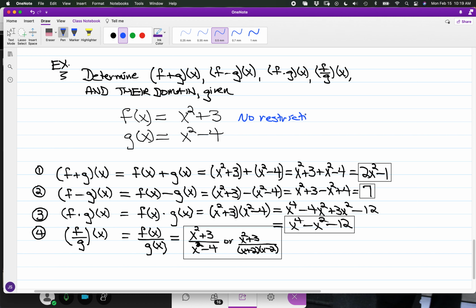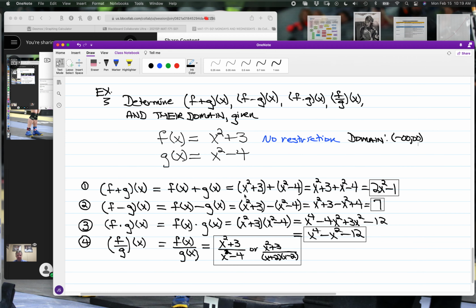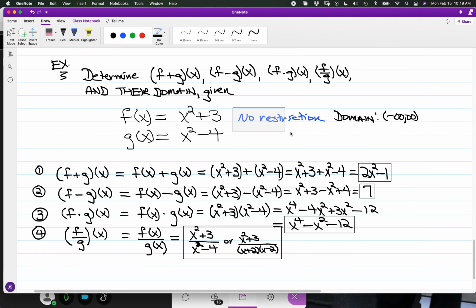So at least for f of x, we have no restriction, and the domain is the set of all real numbers. This is for f of x, and also for g of x, which had the same kind of scenario.